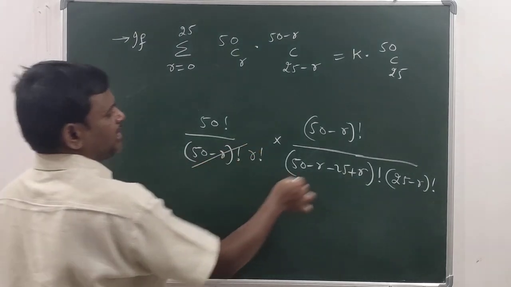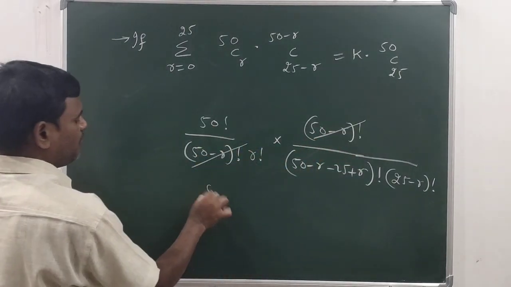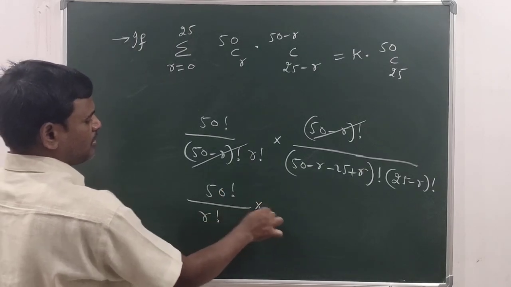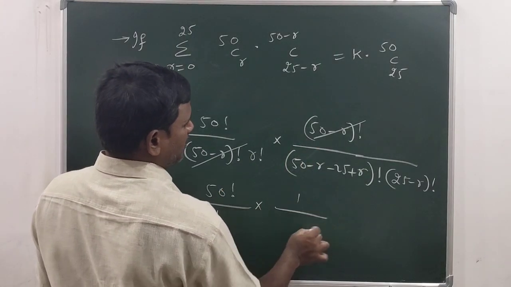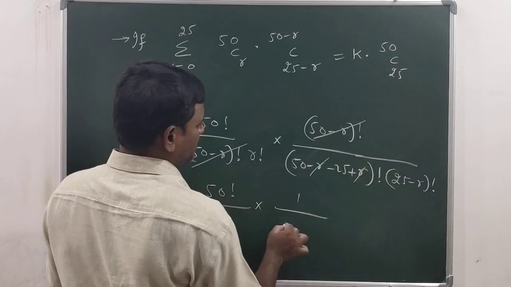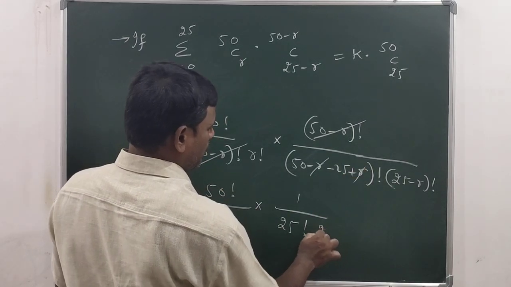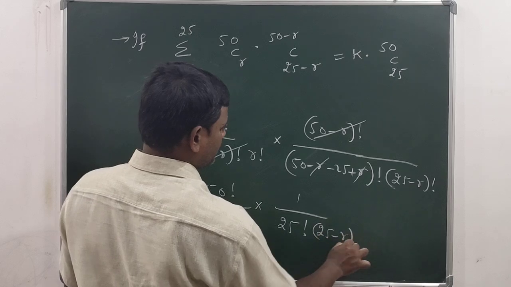So these two will get cancelled. Now what is left? 50 factorial by r factorial, and here 1 by 25 factorial into (25 minus r) factorial.